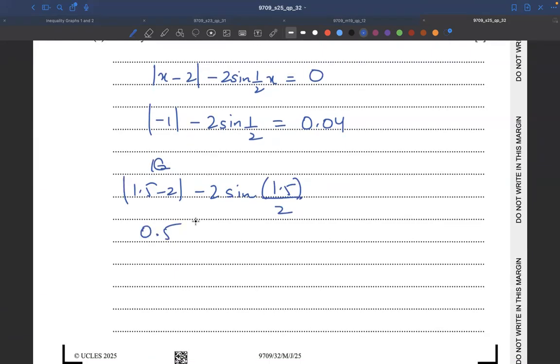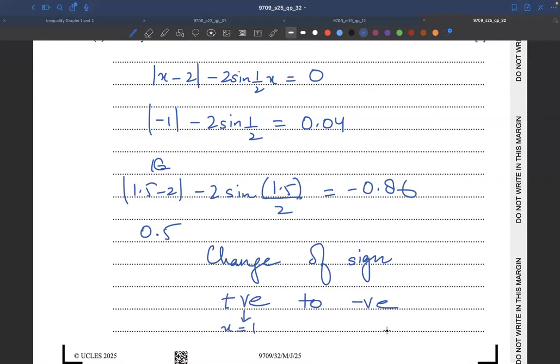So 0.5 minus 2 sine of 1.5 upon 2, and we are getting minus 0.86 in this case. So this change of sign basically means that the root lies between 1 and 1.5. So we'll write change of sign: it was initially positive, and then negative when x was equal to 1.5.